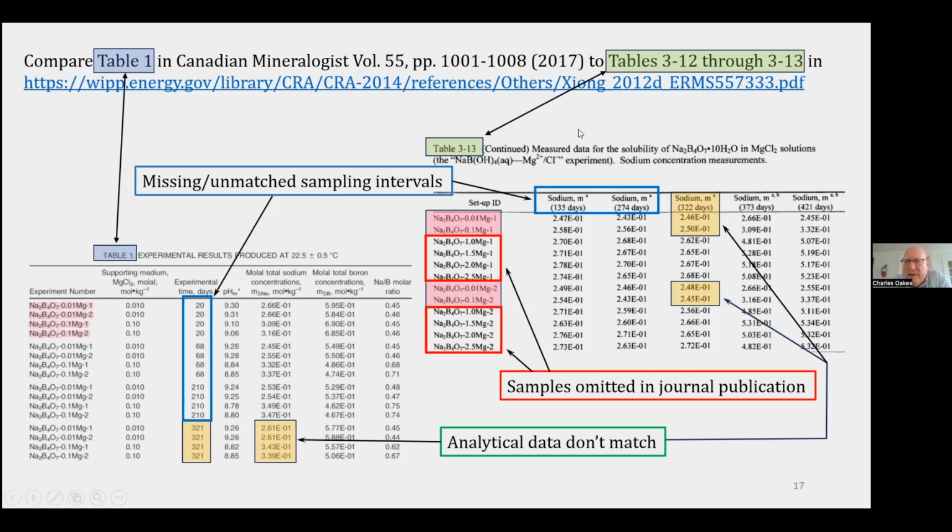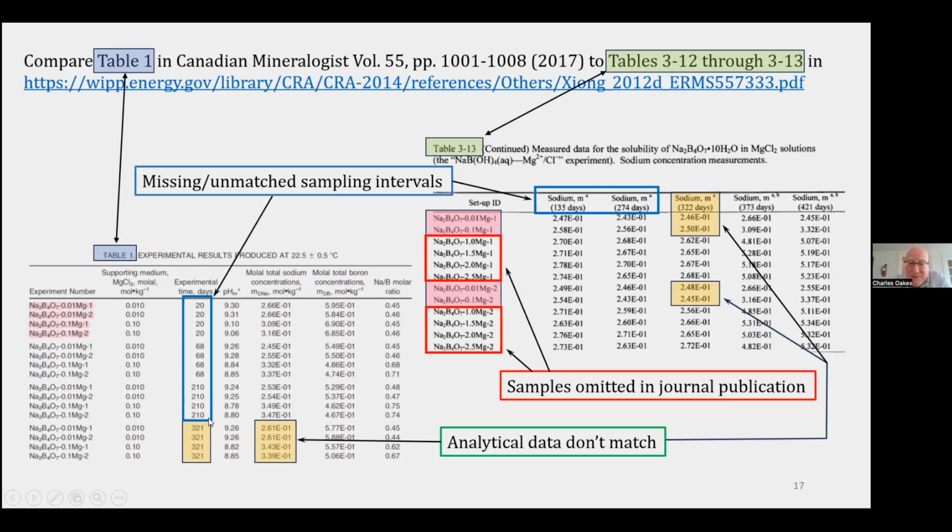Well, if you go over here to this government report and you look at the sampling days, they begin at 135. Last time I checked, 135 lay between 68 and 210, yet there's no 135 here. Why? And over here in the government report, there's 274.